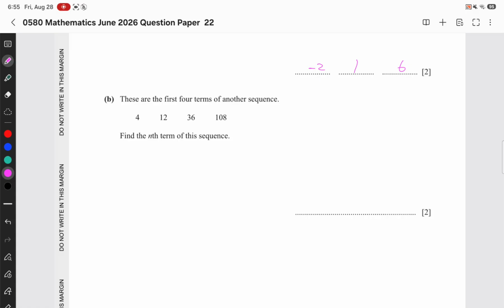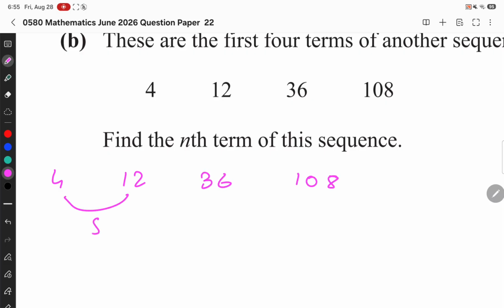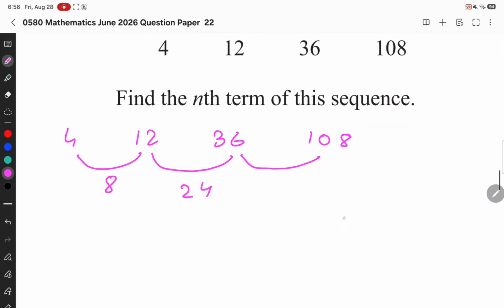We can find the A, B, C, D. First, we have to prove what kind of sequence this is. So let's find the first difference. The terms are 4, 12, 36, 108. This is a difference of 8, 24, and this is a difference of 72.